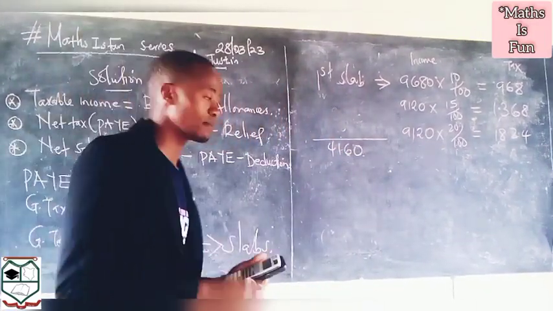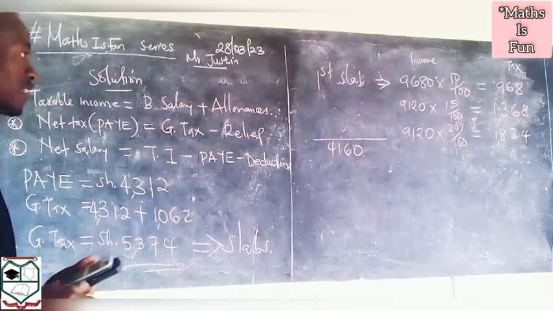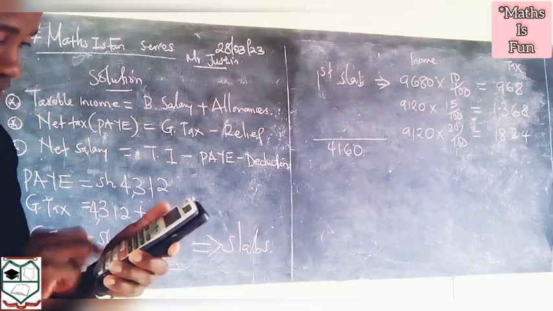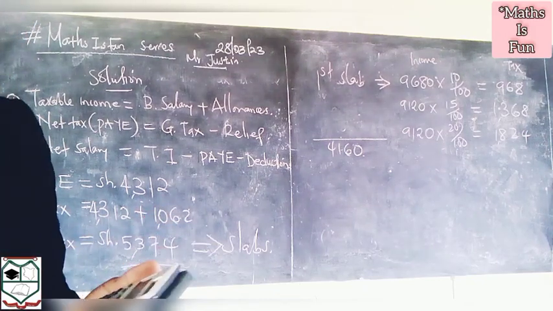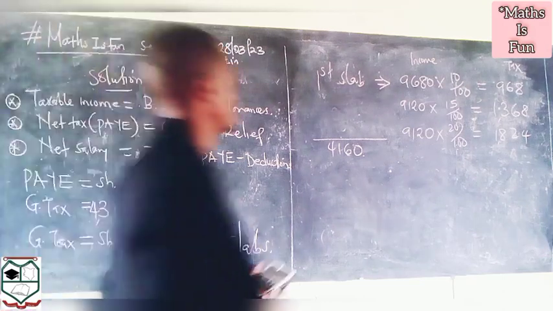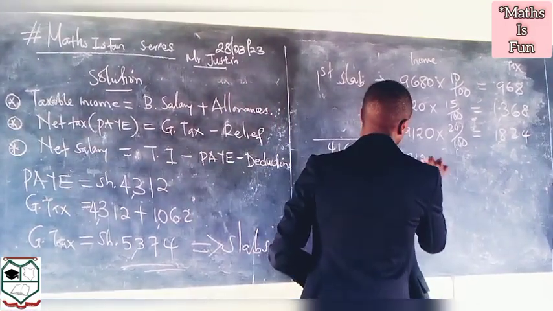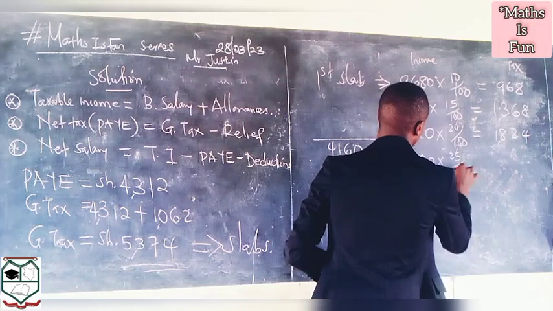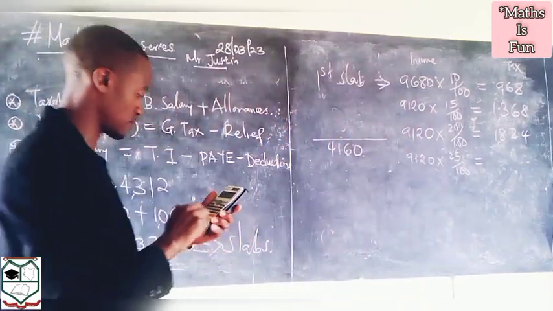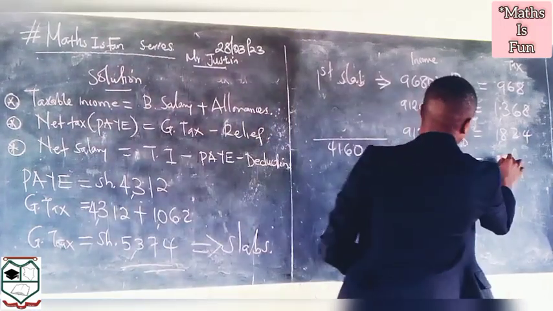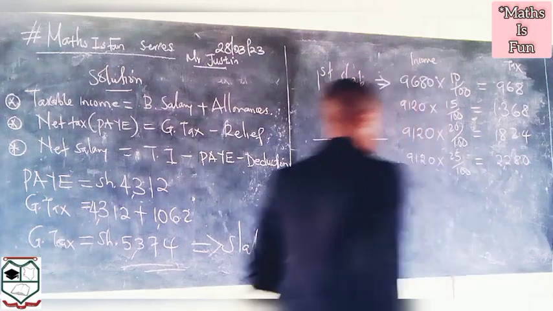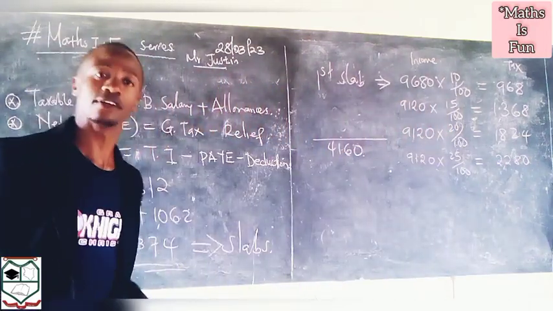If you calculate the next slab, the difference is 37040 minus 27920. You get 9120 times 25 over 100.